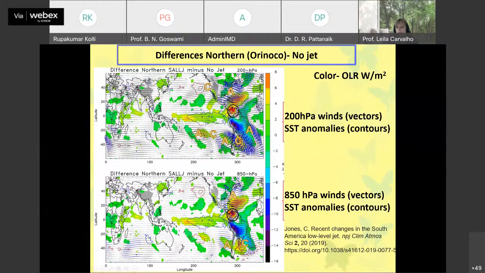And this is also important in transporting moisture across the equator towards South America. In low level, you also see the cyclonic circulation, anticyclonic circulation. So the existence of this jet is a combination of interhemispheric dynamics leading to the increase of the jet that ends up affecting the monsoon.